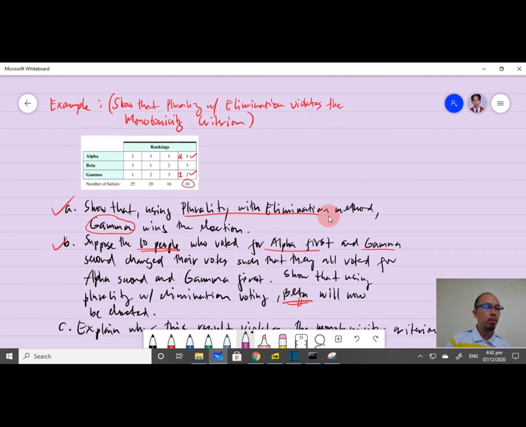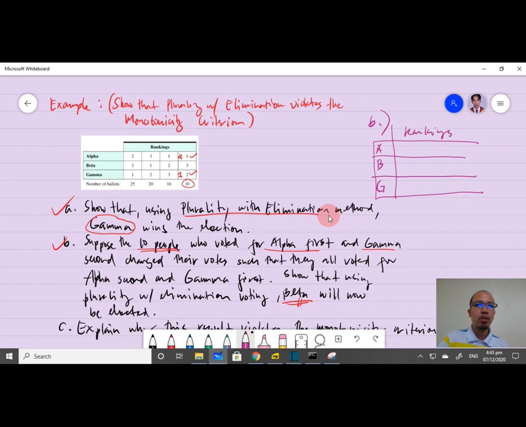Okay, so the table now becomes this one. This is the new table for letter B. So we have, let's denote alpha by A, B, and C. G for gamma. Okay, so these are the rankings. So this is now the new ranking. Okay, we have 4, 1, 2, 3, and 4.